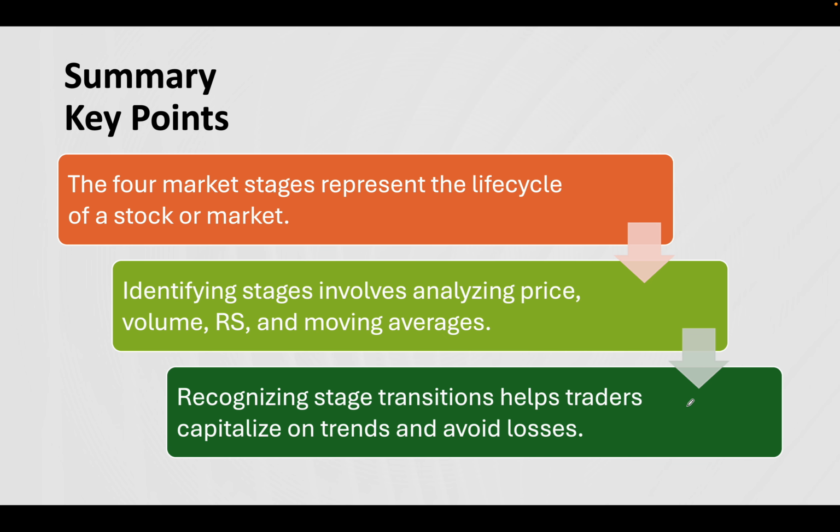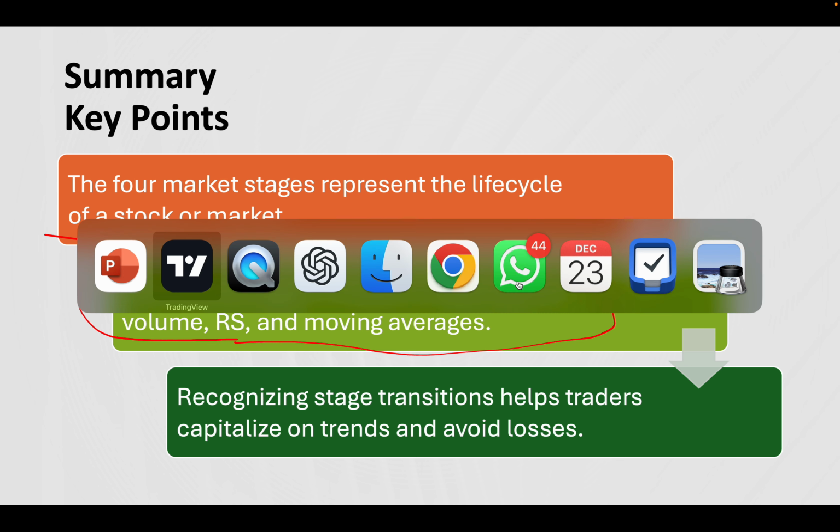Okay, so 4 stages represent the life cycle of these stocks. We can use moving average, RS, volume for identification of the stages. So let's now see some of the examples.